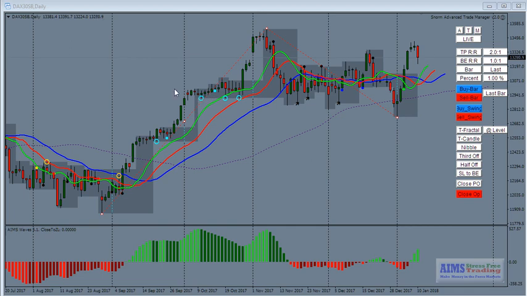Just a quick look at DAX. I have this daily chart open and it gives me a few ideas. So we see 3 up with a divergence. So a completely 3 up.